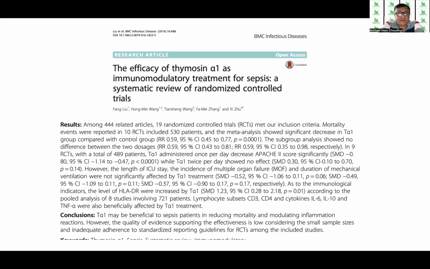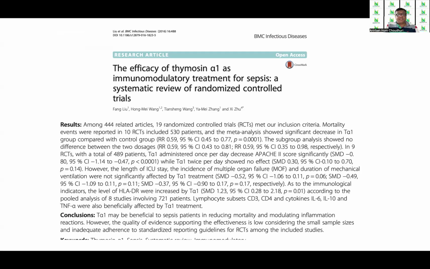Another important drug which has been marketed is thymosin alpha 1, an immunomodulatory treatment for sepsis. This is a review of randomized controlled trials, which looks into the efficacy of this drug. It can be seen that thymosin alpha will be beneficial to septic patients in reducing mortality or modulating the inflammation reactions.